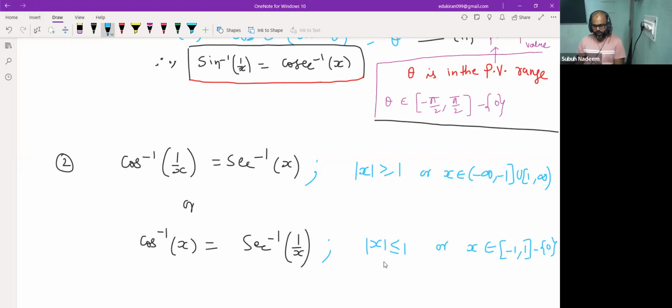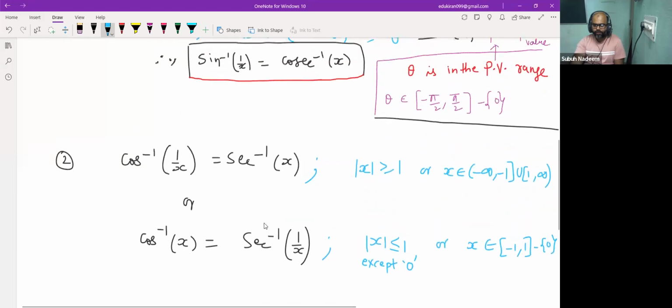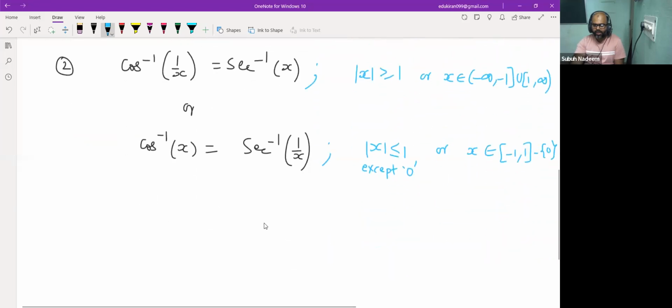So we won't take 0. So mod x is less than or equal to 1, except 0, we can write. So both of them are okay. So we can proceed taking any one of them. The only thing is that the inputs of sec inverse and cos inverse are reciprocals of each other.